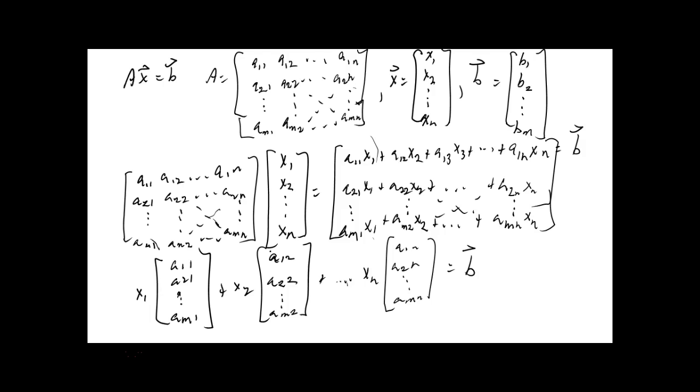Now, what's the point here? Well, here's sort of a point. If you called this first column here your a sub 1 column, this your a sub 2 column, dot, dot, dot, all the way out to the a sub n column, then another way you could say that is, I just don't have enough room to write, so I'm going to have to delete this and write, but hopefully you got it down.